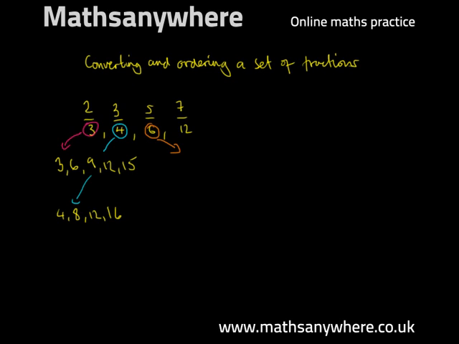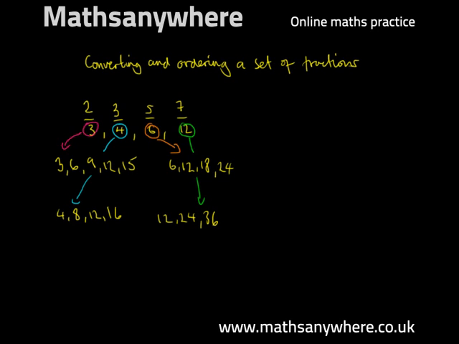We'll write out the 6 times table. 6, 12, 18, 24. We could continue that, but we won't for now. Finally, the 12 on the bottom of the 7/12. Well, we've got 12, 24, 36.